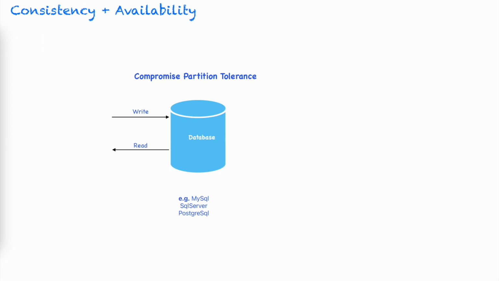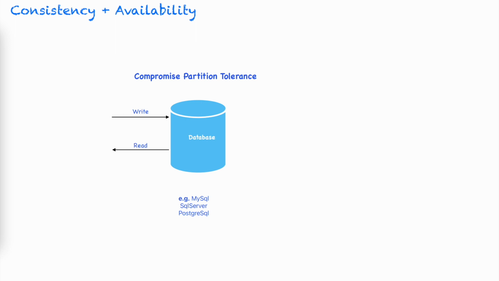The last combination is consistency and availability. As we already discussed, this type of combination is only suitable for relational databases, and it will not be suitable for distributed systems, because distributed systems require partition tolerance as a must.